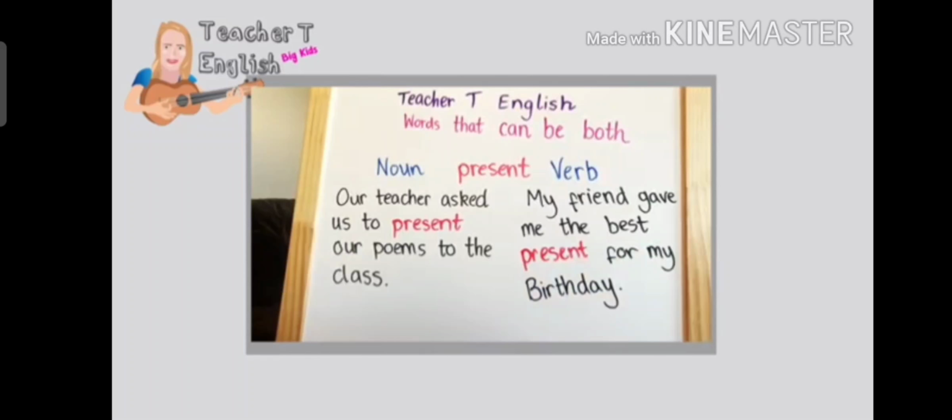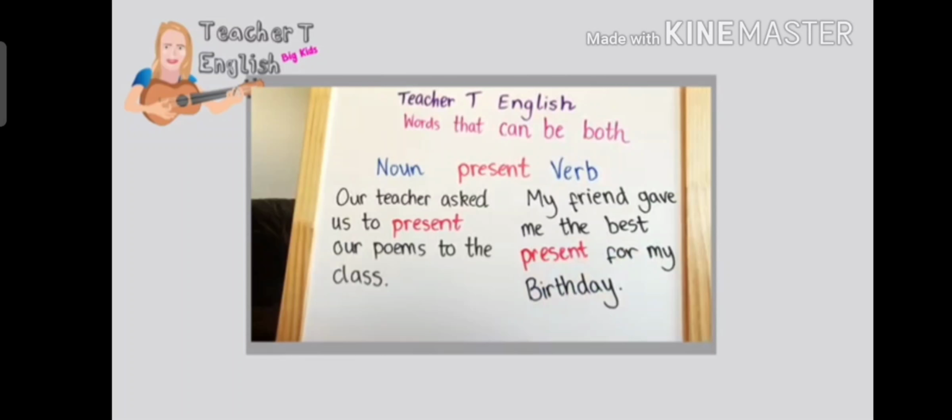Now let us use this naming word in a sentence. For that, we have to start with the subject. So here the subject is my friend. My friend gave me the. Now these are all the helping words, the articles, what we can use over here. And then comes your naming word, best present.